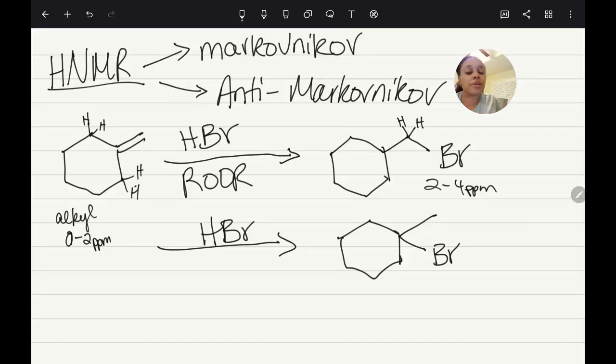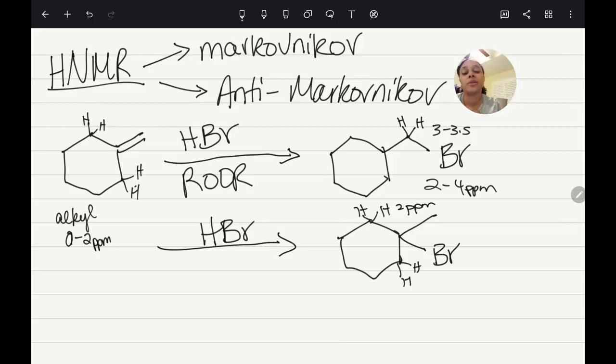On the second molecule, there are no hydrogens that are directly attached to the carbon with the halogen. So all of these, again, they're close, but they're probably closer to the 2 ppm. So this would be closer to maybe 3 to 3.5. These hydrogens would be closer to 2 because they're not directly attached.